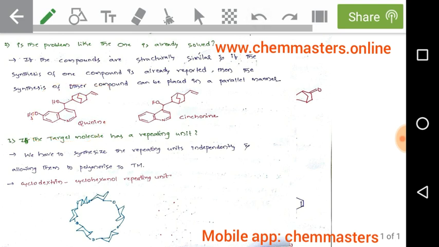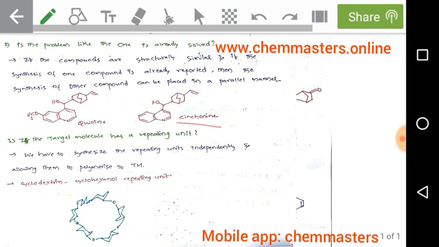In a similar manner, we can disconnect cinchonine with a small functional group conversion. Then we can get a synthetic equivalent, and by that we can synthesize cinchonine. So the second point is that we need to check for compound similarities with an already retrosynthetically analyzed molecule.